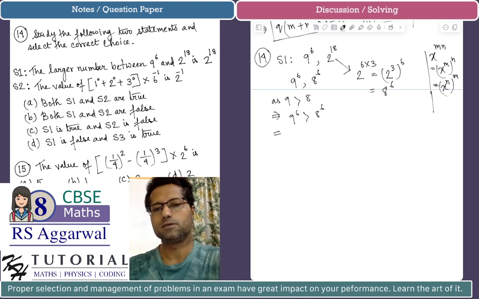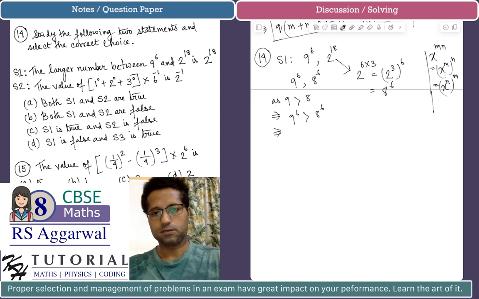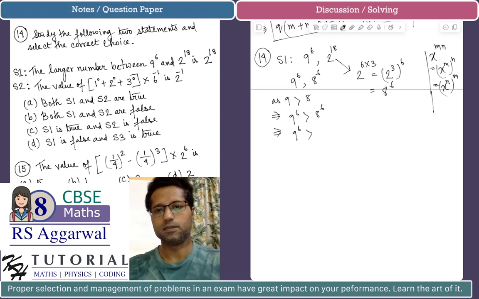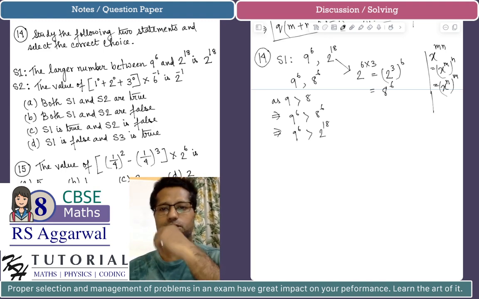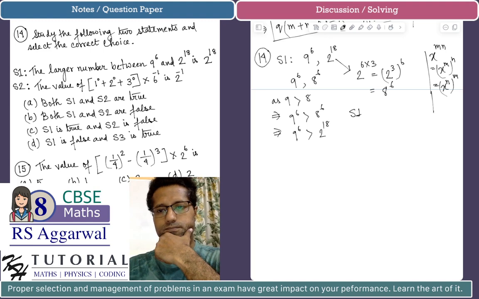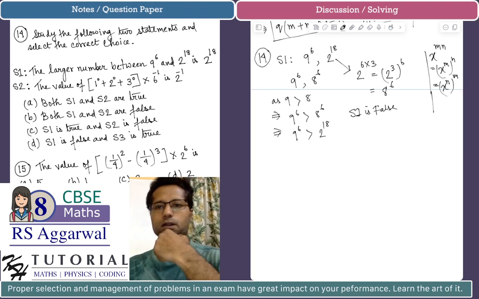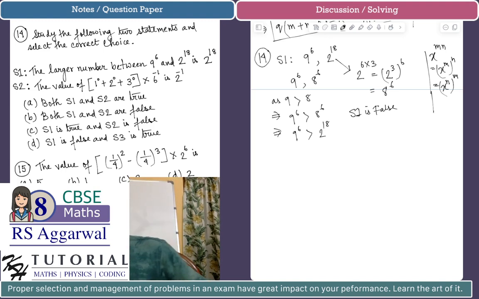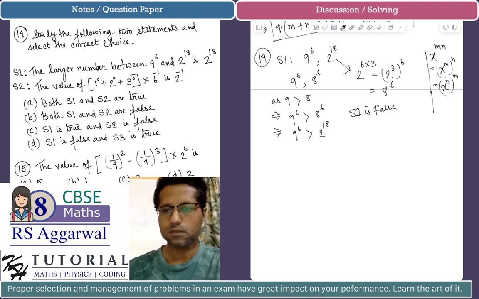So 9 to the power 6 is greater than 2 to the power 18. Statement 1 says the larger number is 2 to the power 18, so S1 is a false statement, because the larger number is 9 to the power 6. Let's see what S2 is.